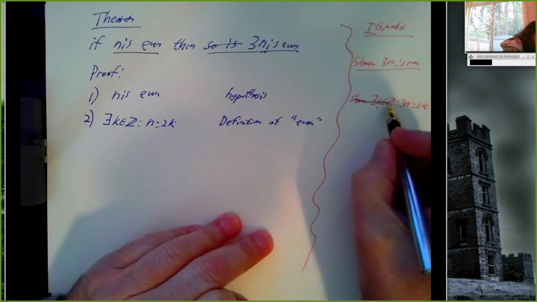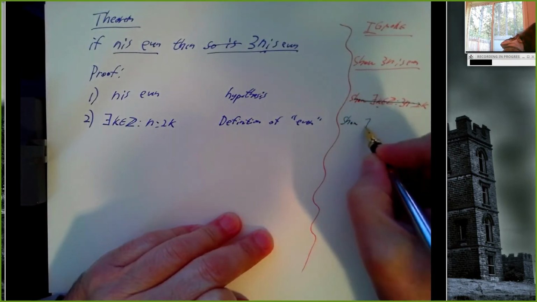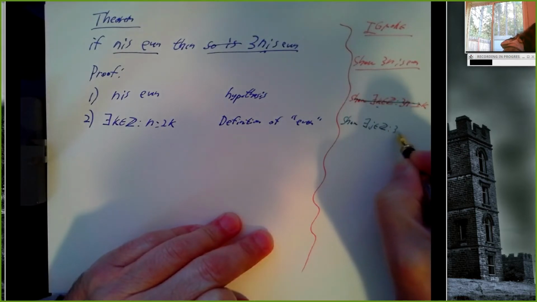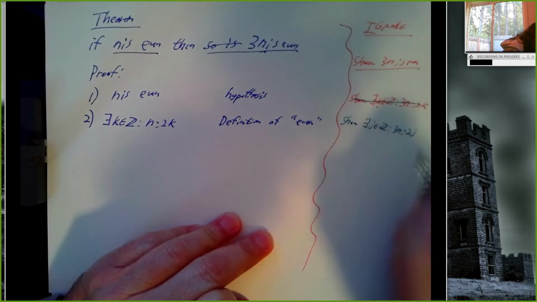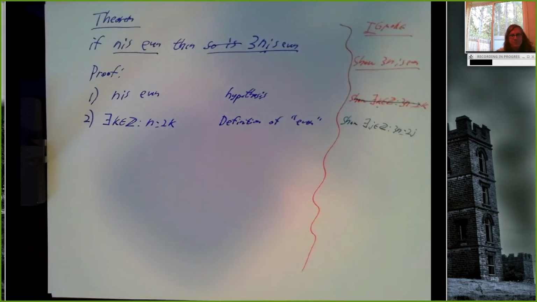So I'm not going to do that. I'm going to say, let's show that there exists a j in Z such that 3n equals 2 times j. This is almost a nitpicky detail, but it trips up so many proofs.